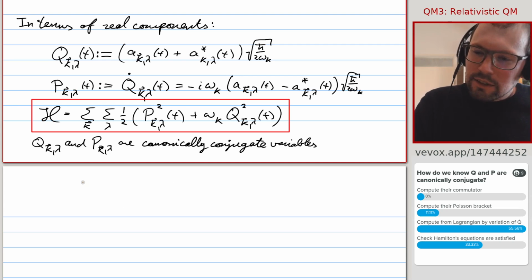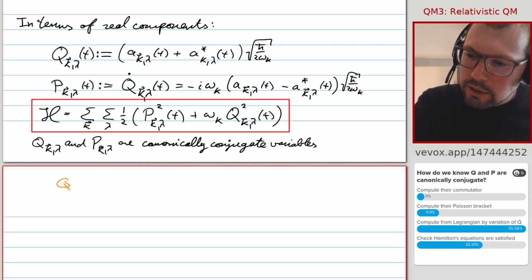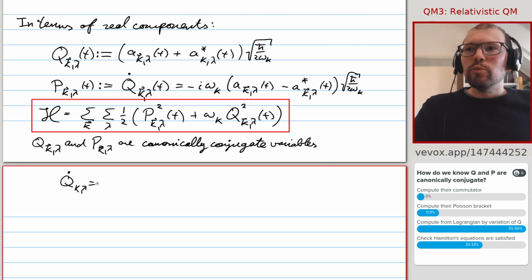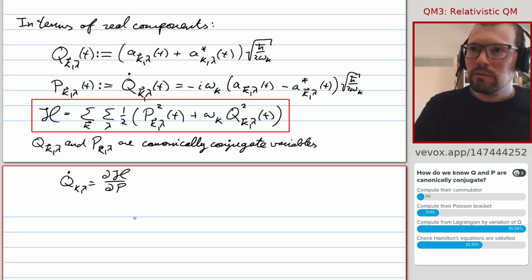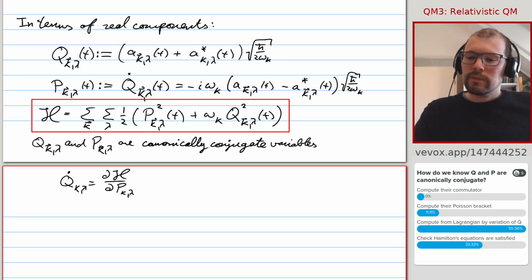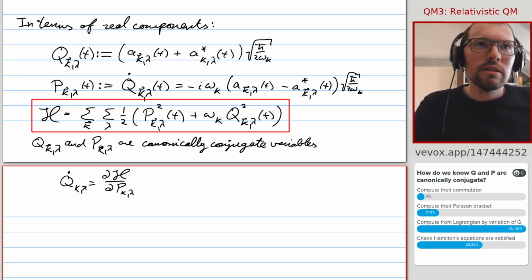Well, it's saying that Q dot should be equal to the derivative of the Hamiltonian with respect to the momentum. Now, this is of course exactly why we chose this definition of P.